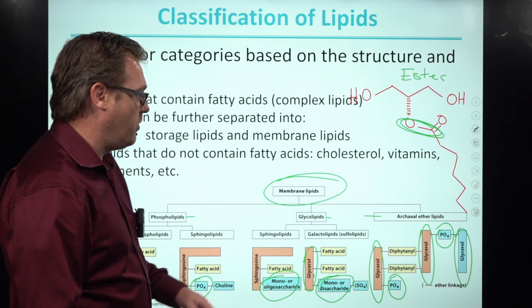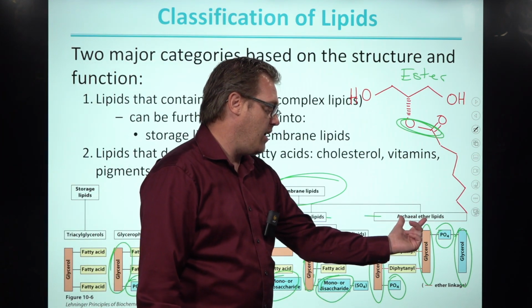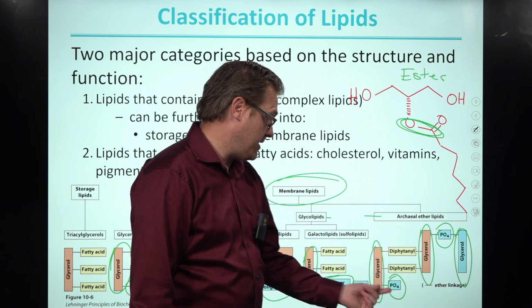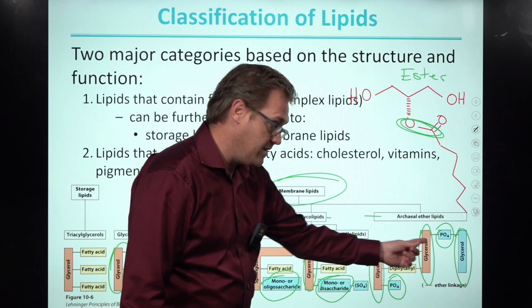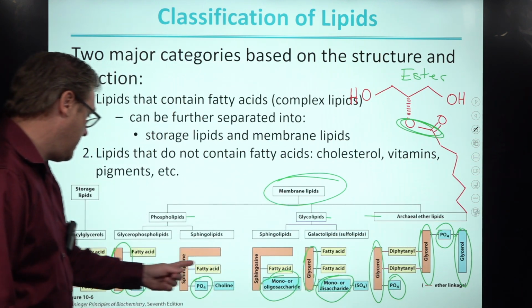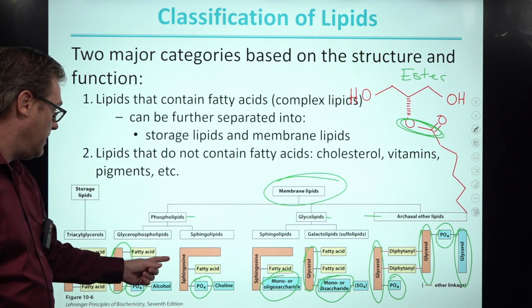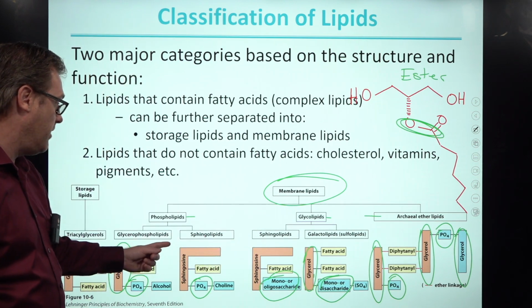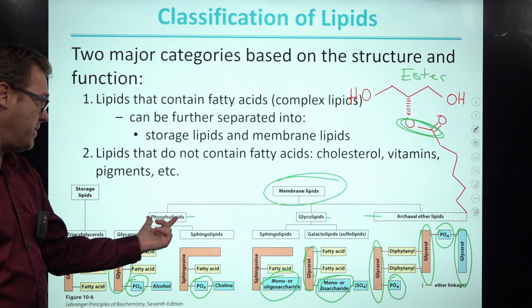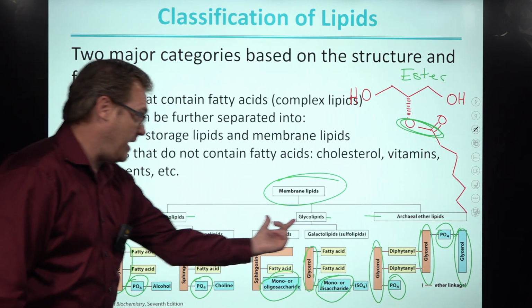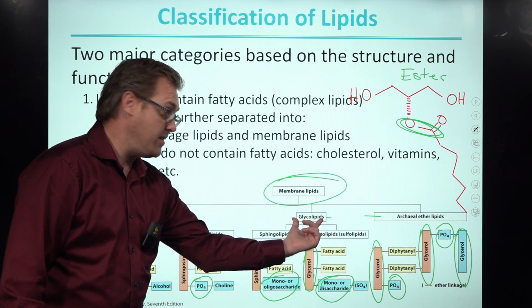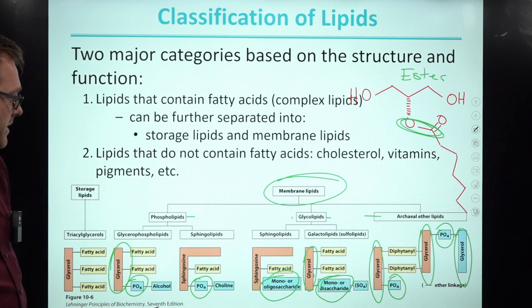And it has to do with the structure of those lipids. And you can see that they're different than these two classes right here. And these two classes right here, especially the phospholipids, you will find both of these in membranes of cells. Okay.